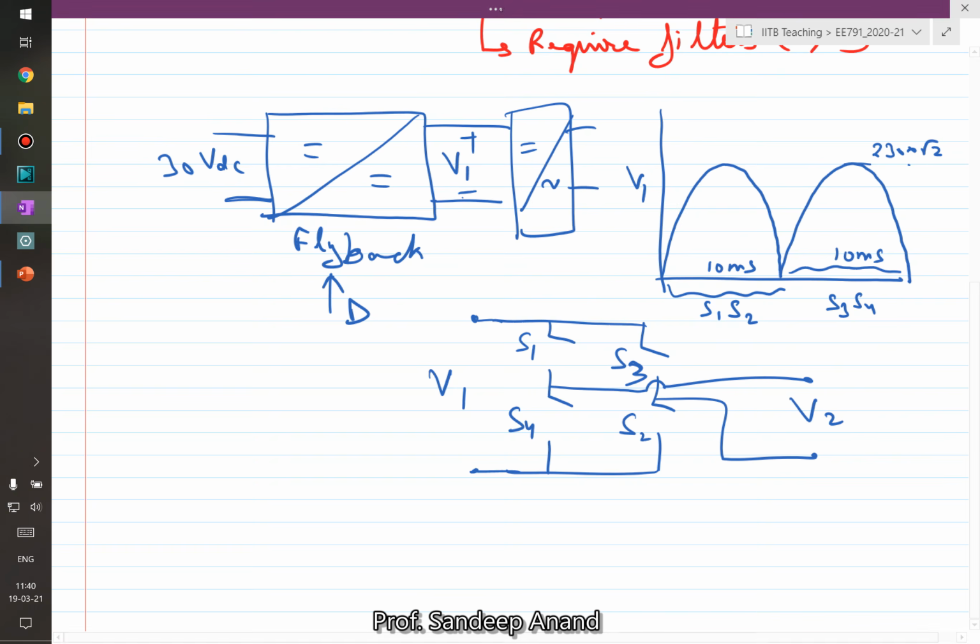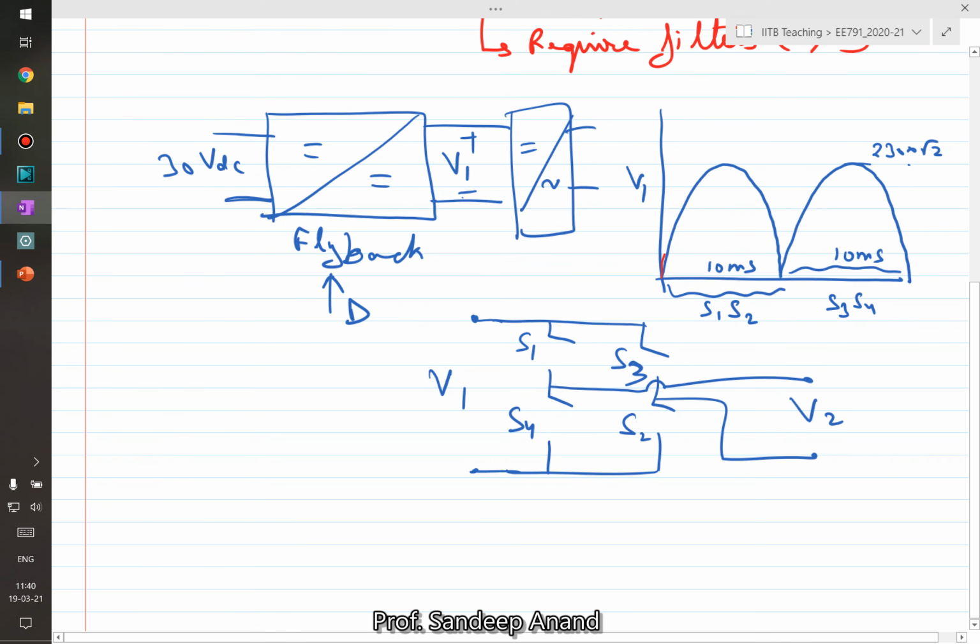Output voltage V2 would look something like this. This is V2. And therefore, what this stage has done is, there was a folded sine wave, and it has unfolded it. So this is an unfolding.